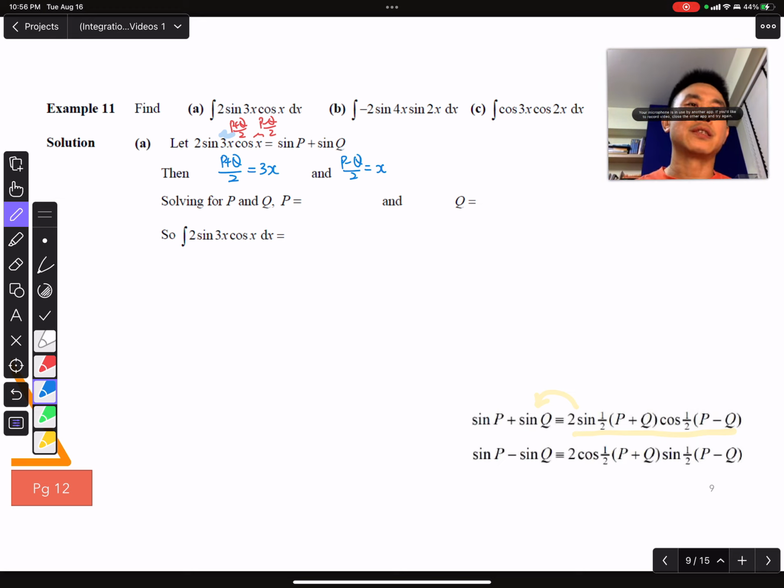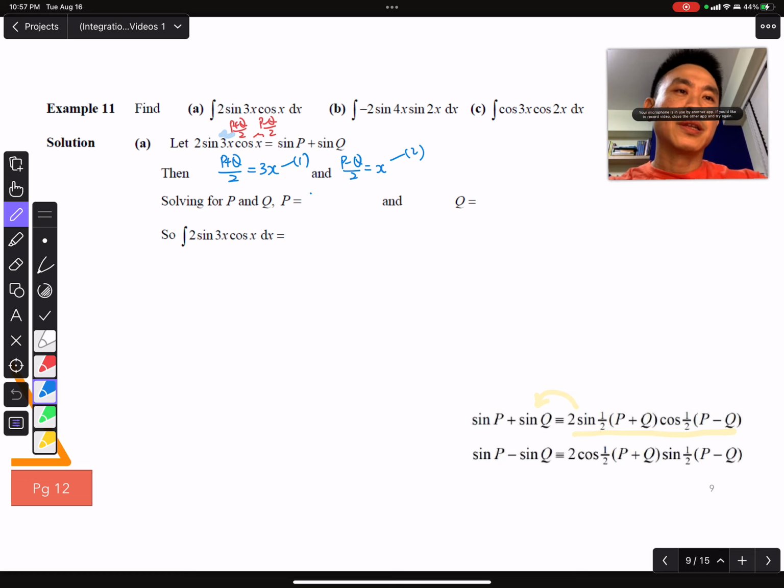You can solve this by adding the two together, like simultaneous equations. If you take equation 1 and equation 2 and add them up, you get rid of the Q. So you get P equals 4x. Similarly, if you take 1 minus 2, you will get Q equals 2x.